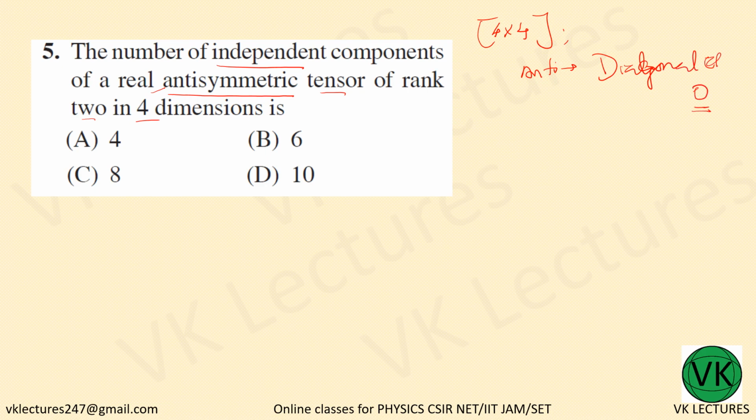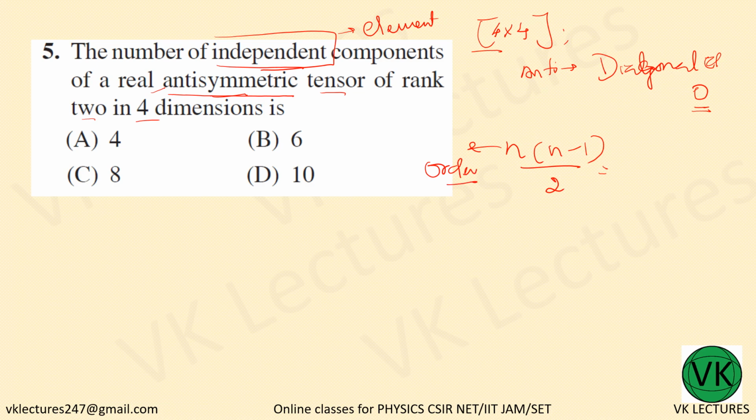So the question is about independent components, or independent elements, in this 4 by 4 matrix. For antisymmetric, the number of independent elements is nothing but n into n minus 1 divided by 2, where n is the order of the matrix. So what is the order here? 4. 4 into 3 divided by 2, that is 2 into 3, which is 6.